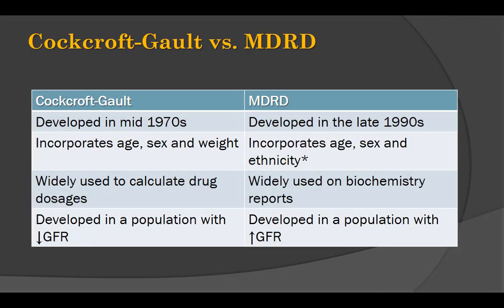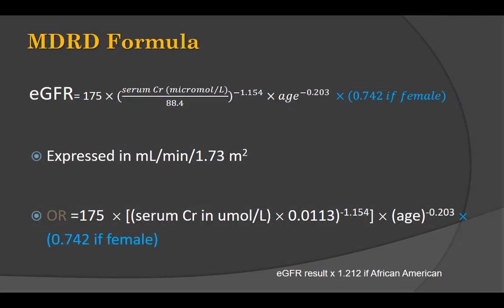So you can even pick up differences between different ethnic groups, which the CG formula cannot. If you look at the comparison of these two formulae, this was developed earlier in the mid-1970s. This one was developed much later. This one takes into account age, sex and weight. This one takes into account age, sex and the ethnicity of the patient. It doesn't take into account the weight. That's why the formula expresses the GFR per 1.73 meters square, because it didn't take into account the weight of the patient.